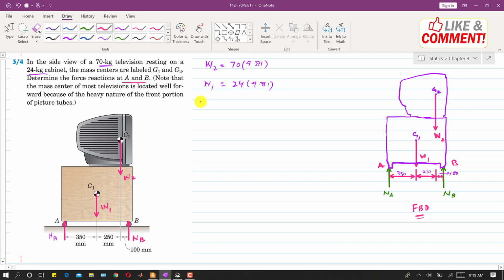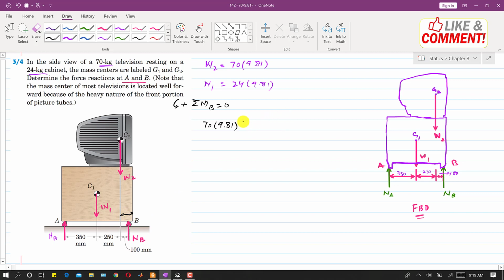Now since the forces are parallel, we will require two conditions of equilibrium, right? So if we apply the summation of moments at point B equals 0 and assume that counterclockwise moment is positive, this W2 is producing counterclockwise moment at this point B. So we will write W2, which is 70 into 9.81, and the perpendicular distance of this W2 vector from point B is this much, 100 mm.